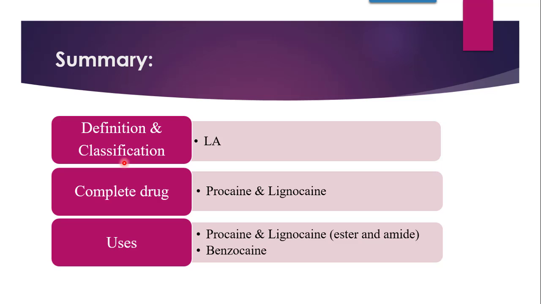Then the complete drugs such as procaine and lignocaine. In the questions we have seen they have asked the chemical structure, name, properties, stability, uses, everything of either procaine or lignocaine. So both are very important from the complete drug point of view. And coming towards the uses, benzocaine, procaine, lignocaine uses are important.